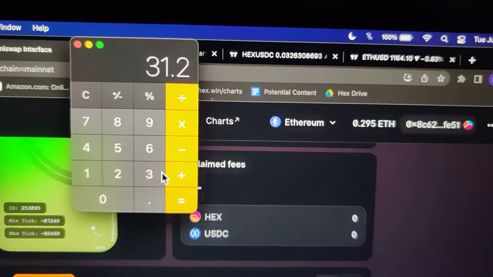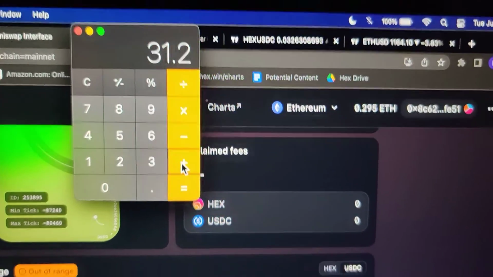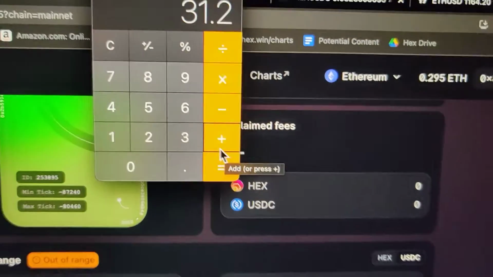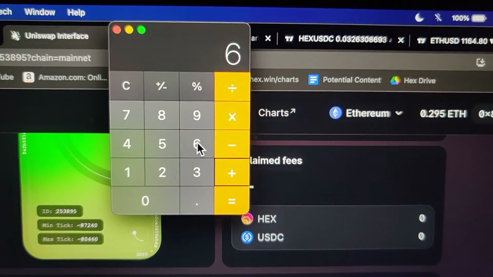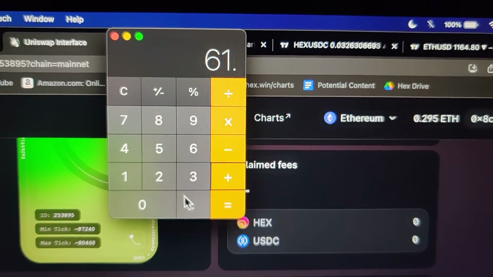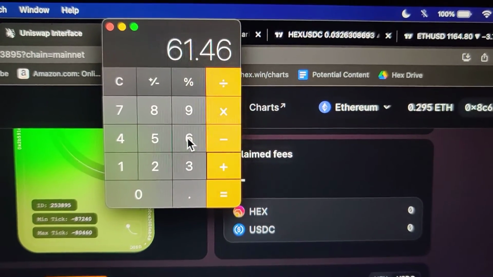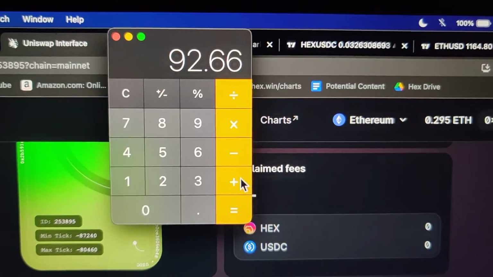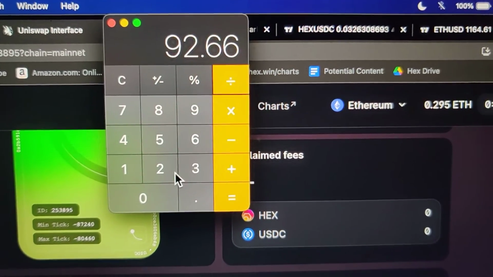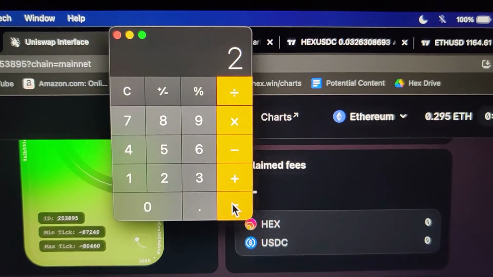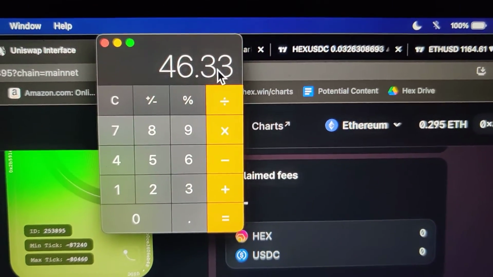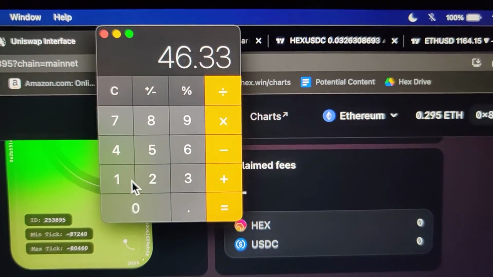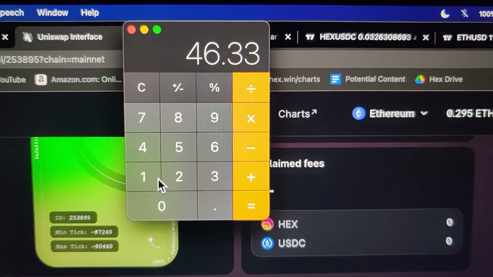31.2 plus 61.46 equals, divided by 2. So this is the average that I'll buy hex at: 46.33. So for every dollar, I'll get 46.33 hex.